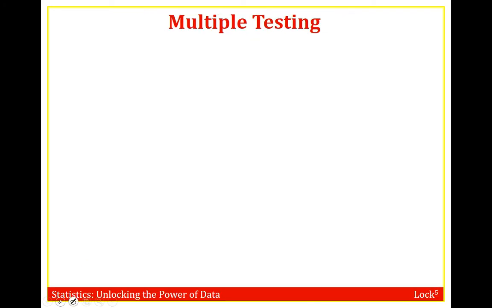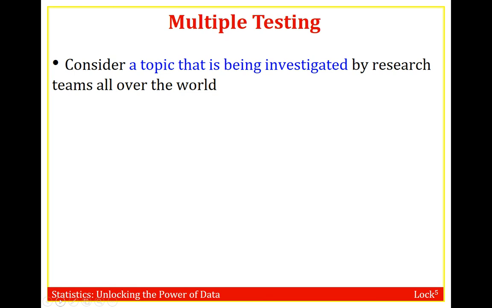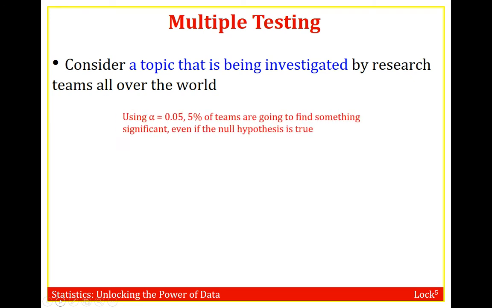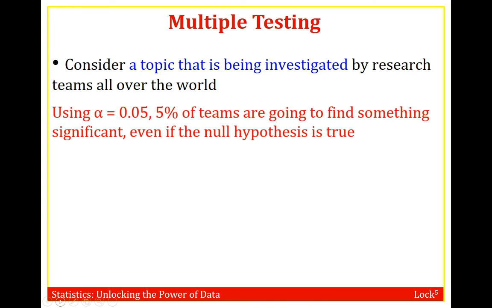In multiple testing, consider a topic that is being investigated by research teams all over the world. Using a 5% alpha level, 5% of the teams are going to find something significant even if the null hypothesis is true. We could equate this to today, what all of us are experiencing right now through social distancing.